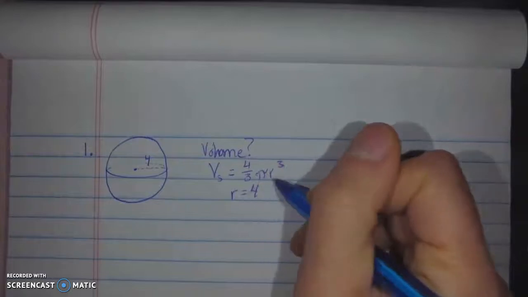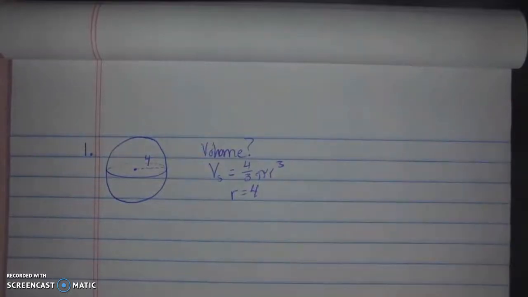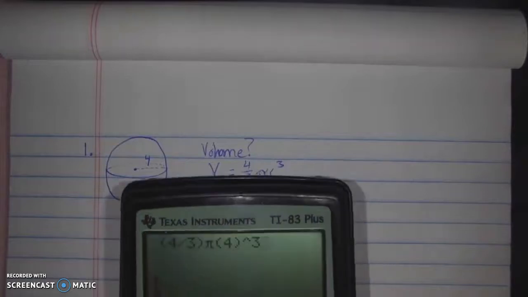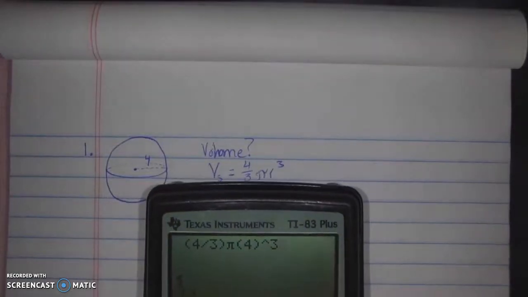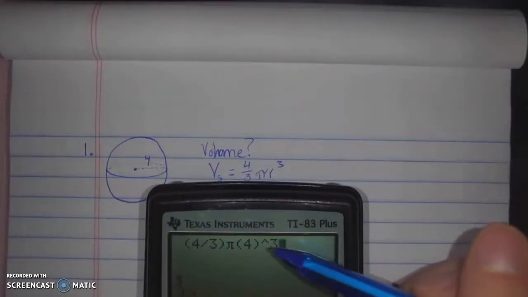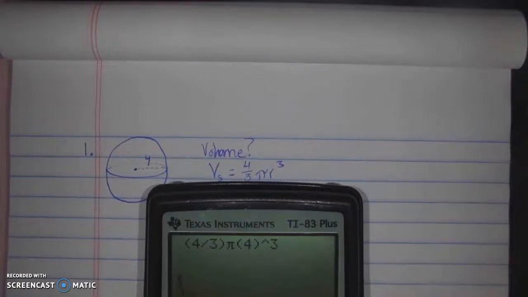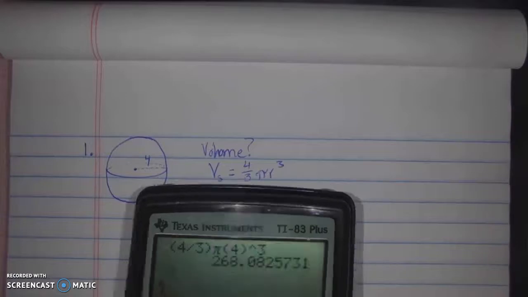I substitute 4 in for r, and I've already done that on my calculator. So I have here 4/3 pi times 4 to the third. Remember, for powers you use that little caret button on your calculator. And that's going to give me a final volume of 268.082.